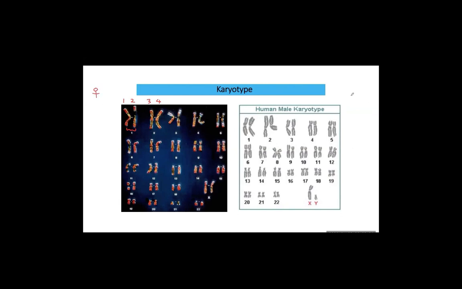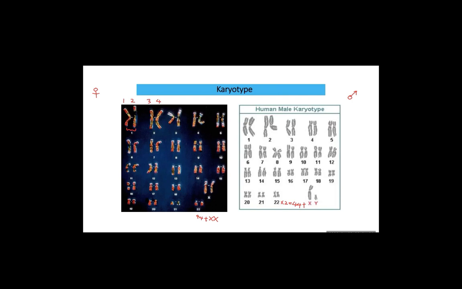And in this case is the male karyotype. So 44, you have to multiply this, 44 plus XY. In the female case, 44 plus XX.